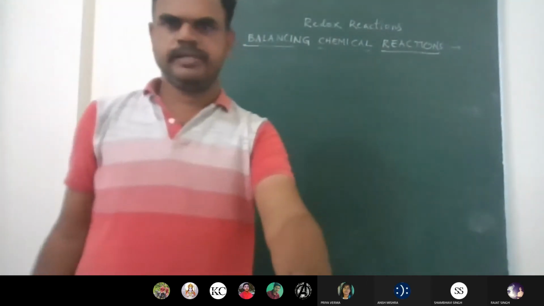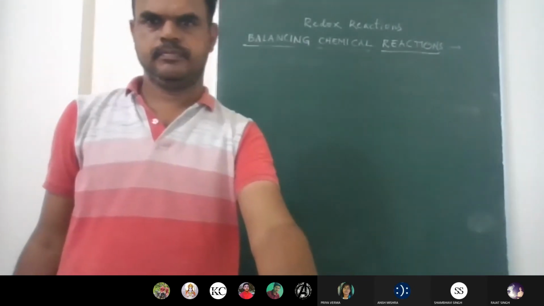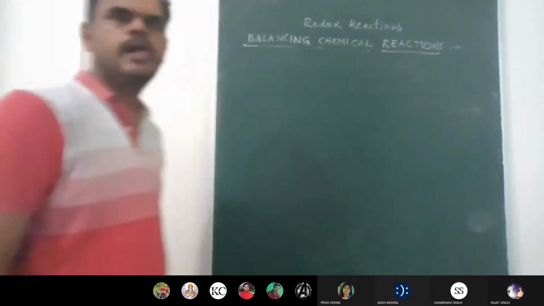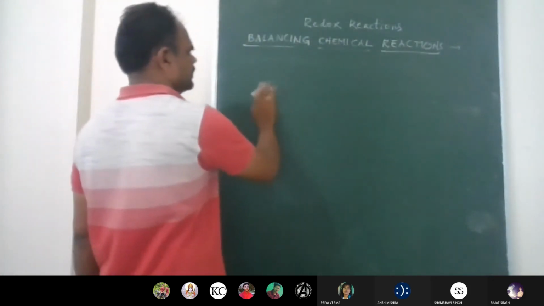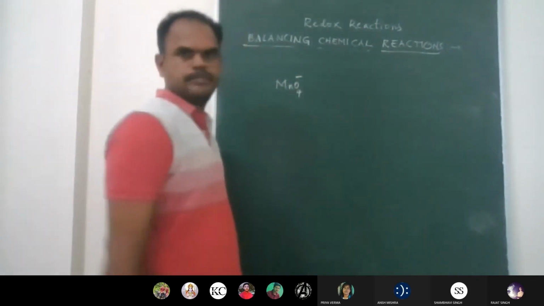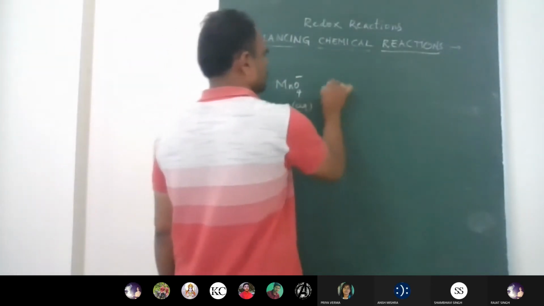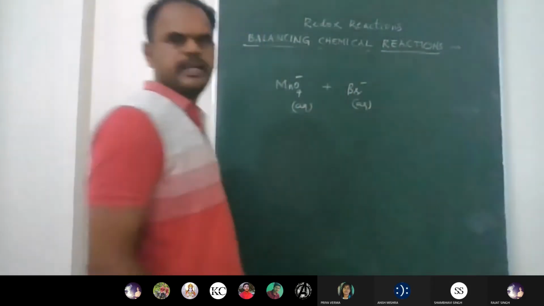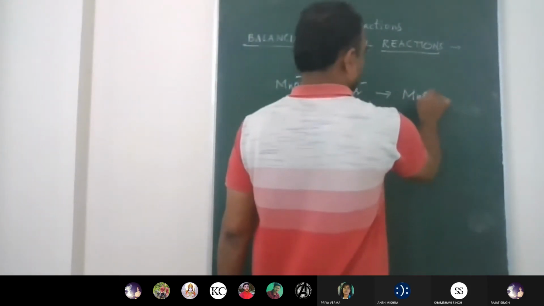So one more reaction we'll discuss in a basic medium. And this is the reaction of potassium permanganate. See, MnO4 minus is the potassium permanganate, aqueous solution, plus bromide ion, aqueous medium, changing to MnO2.